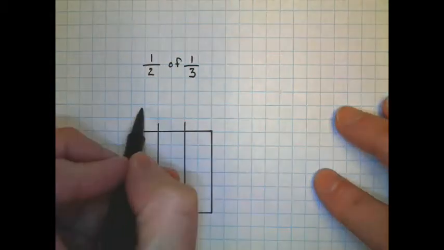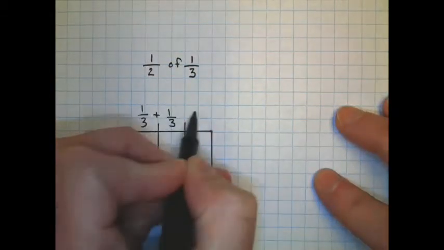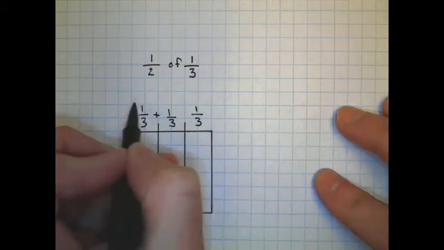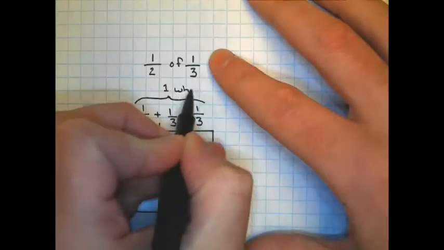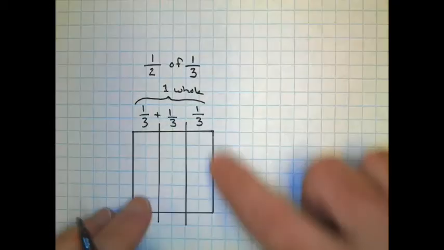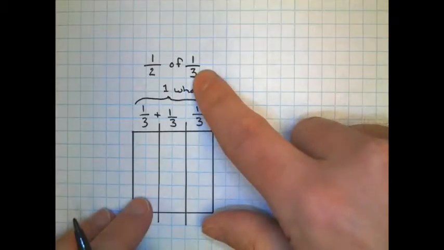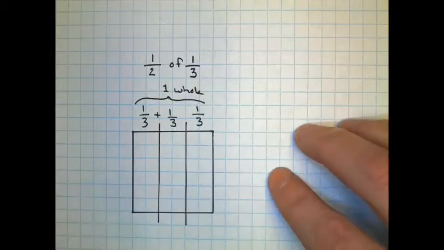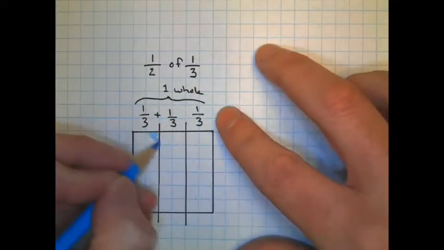So here's 1/3. I have another 1/3. And I have another 1/3. All together, I have one whole. So I start off with a whole and I break it to show where I'm starting from. In this case, thirds. And I just need one of those thirds, so I'm going to shade in one of those thirds.